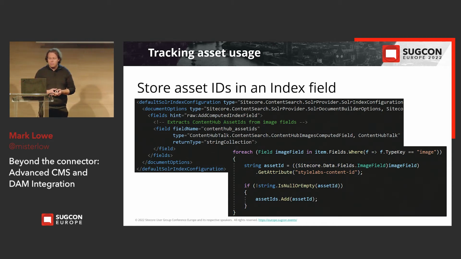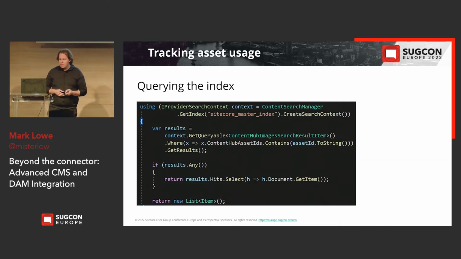In this computed field, you just go through all image fields that contain this Stylelabs content ID and get out these asset IDs and store them in the index. This makes it easy then for querying. So we can just go there and say, content search, give me all item versions and items that have some sort of reference to a specific asset ID.